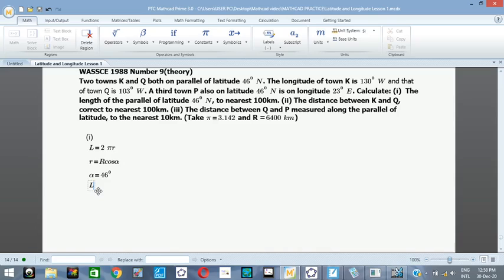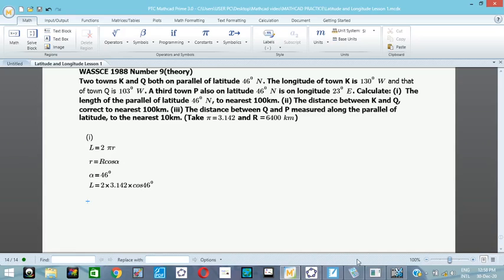Therefore, L is now going to be equals to 2 times pi, and pi is given as 3.142, times R, then cos 46 degrees. So if you solve this, you will get what? You can use your calculator.